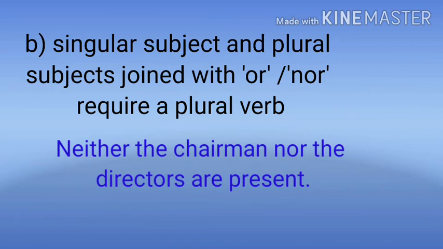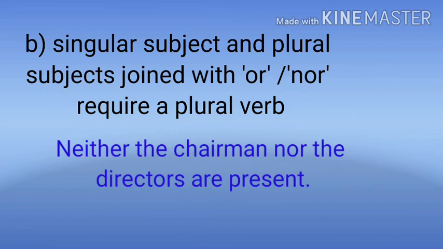Now, directors here is a plural subject, right? And they are joined by using "nor." So, singular subject plus plural subject joined by "nor," we have to use a plural verb. See? This is the difference that we can see in our second case from our first case.